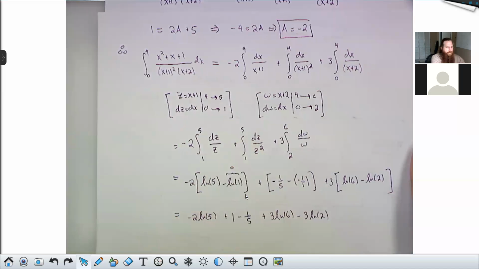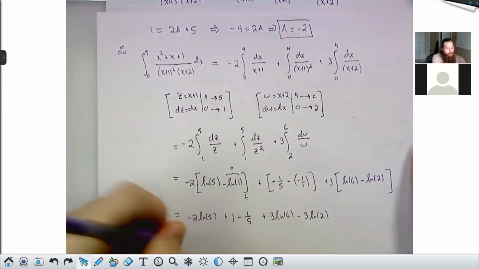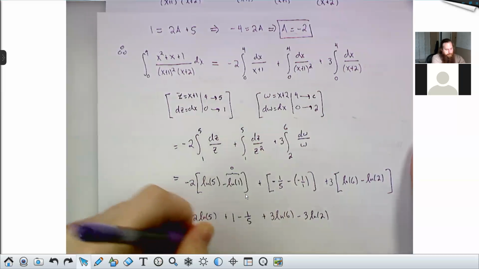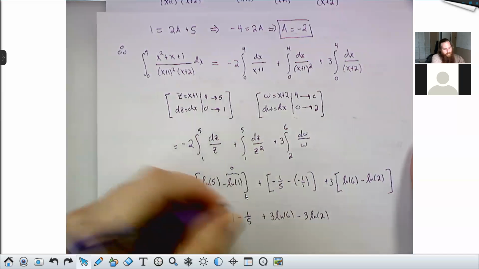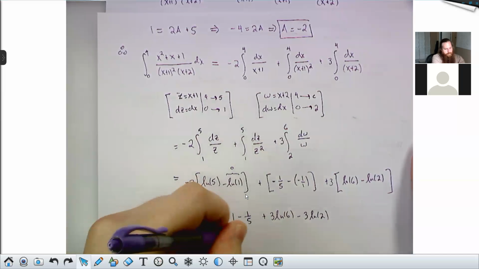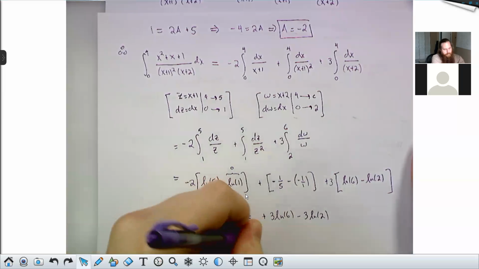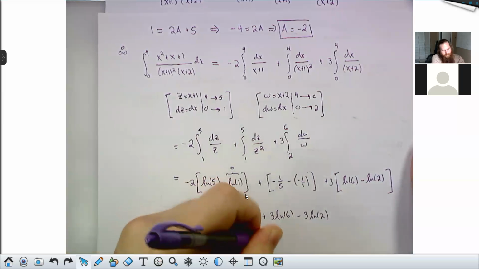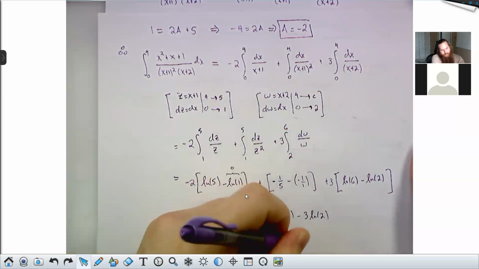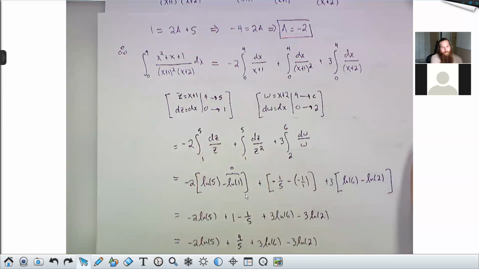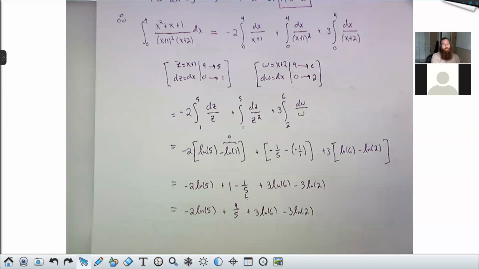If there's anything to do here, it's combining these. You could also combine all the logs into one term if you really wanted to. 1 minus 1/5 is 4/5. But I would be perfectly happy with it like this.